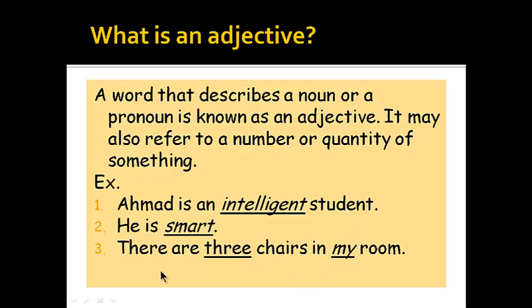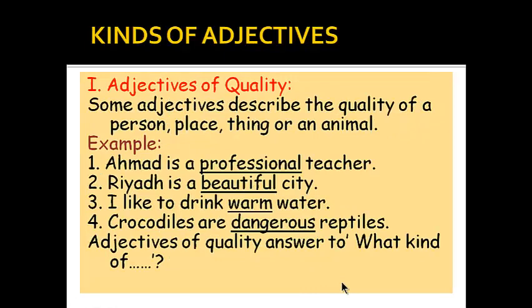The third example has got two adjectives. One is a number and this one is a possessive adjective. Numbers are also adjectives. We are going to talk about 8 different types of adjectives in this lesson.